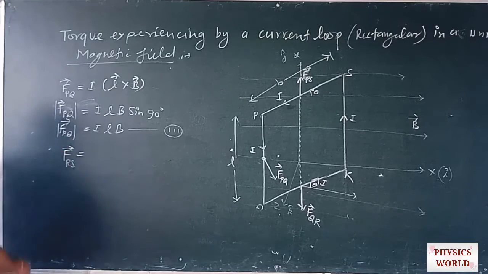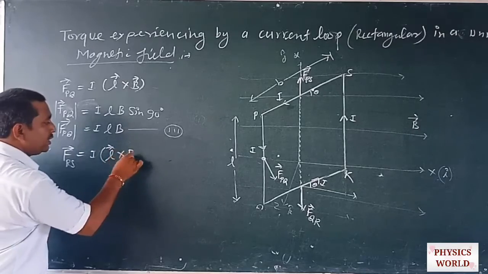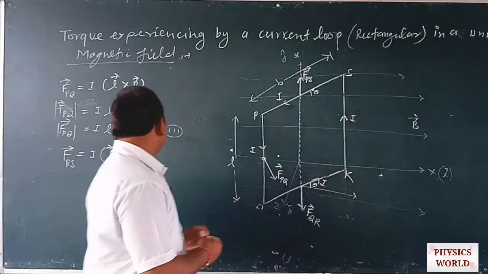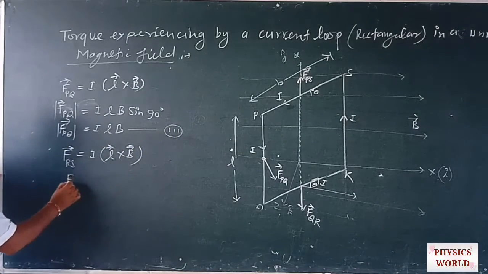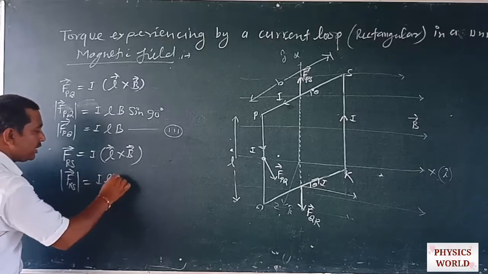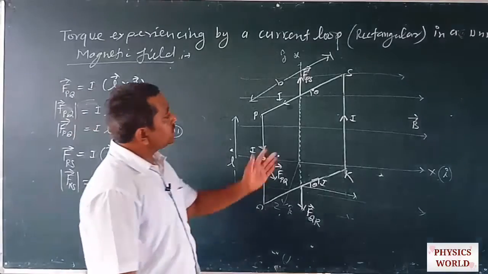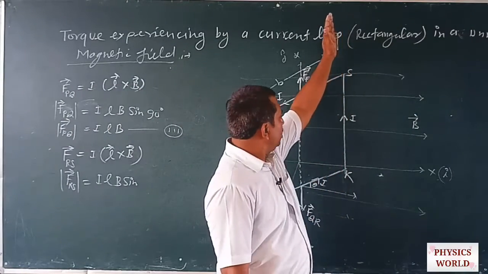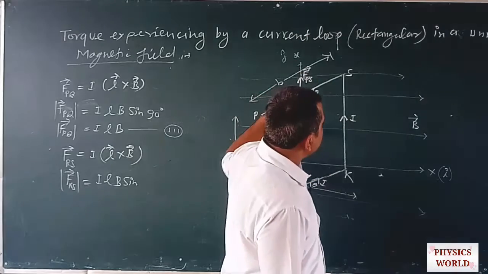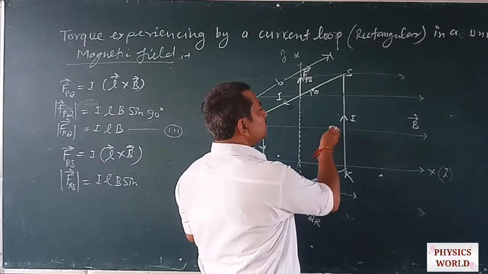FRS will be equal to I into L cross B, because the length of this conductor is also L, which is placed in the magnetic field. The magnitude of this force is again I into L into B and the sine of the angle between L and B, because the direction of L is taken along the vertical upward direction, that is along the y-axis, and the direction of B is along here.